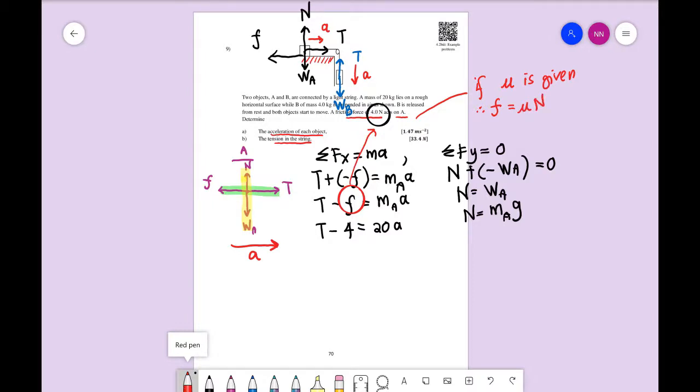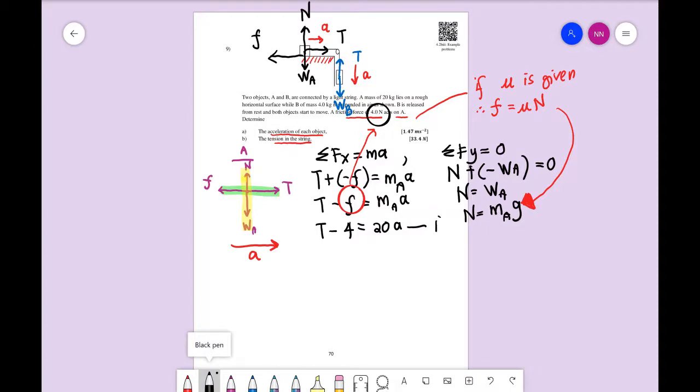So normal can be determined from component Y. But for this question, we don't use component Y for object A because we already have the value of the frictional force, given in Newtons.